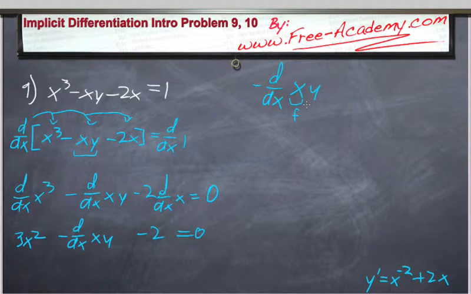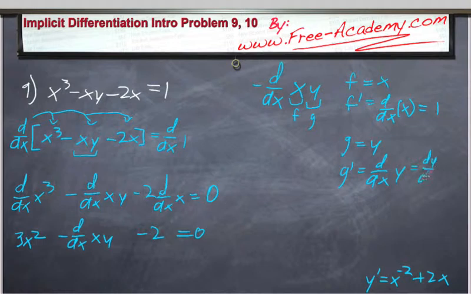We'll call our x f, we'll call our y g. So f equals x. f prime is the derivative with respect to x of x, which is 1. g equals y. g prime is the derivative with respect to x of y, which of course is dy by dx, which is the same as y prime. The reason that the derivative of x with respect to x is equal to 1 is because x is the variable.